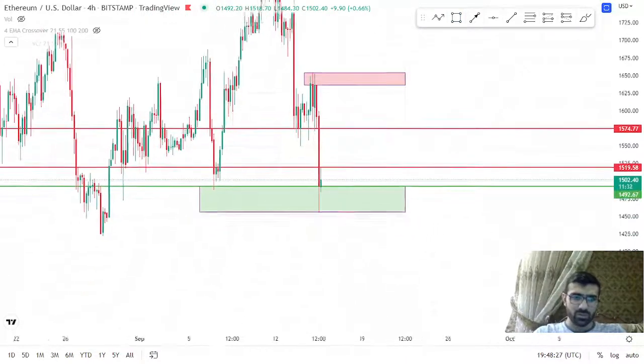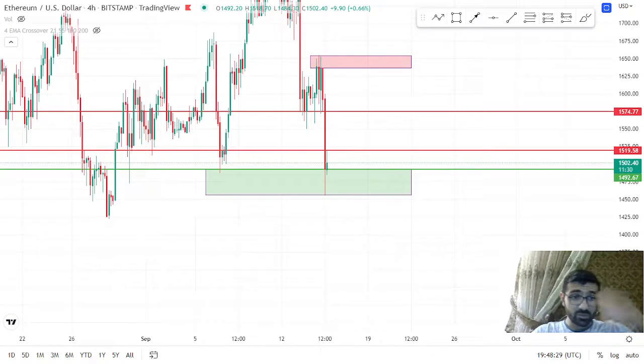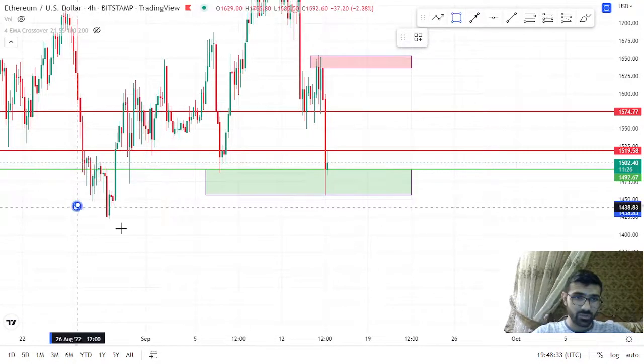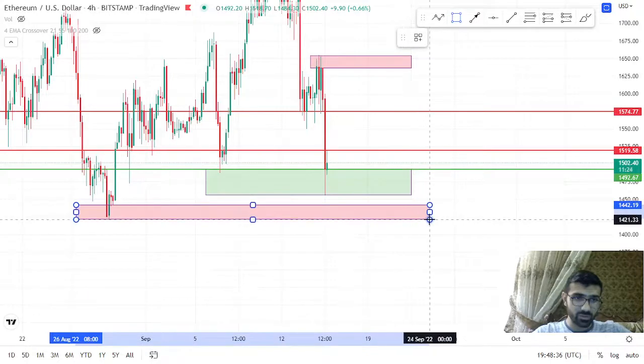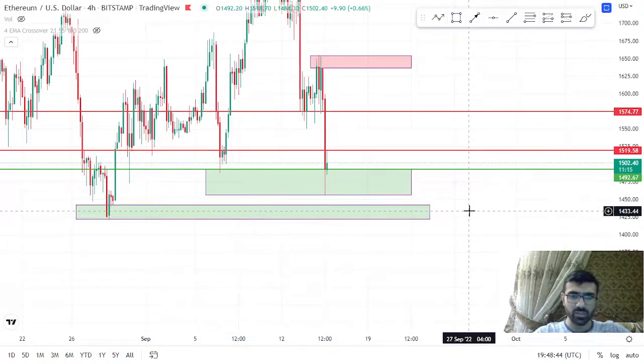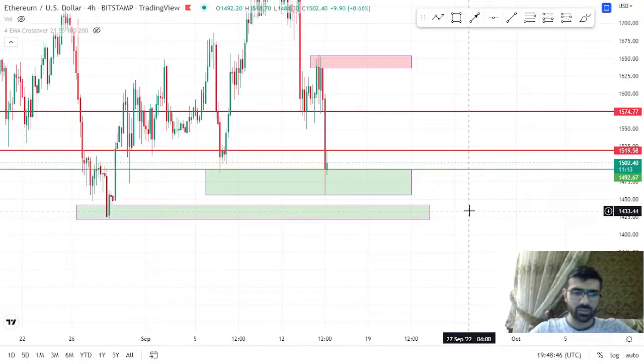So if I am vigilant enough, then I am also going to mark another area to buy, which will be this area. So I'm going to mark this area in green as well. So these two areas will be critical to buy.